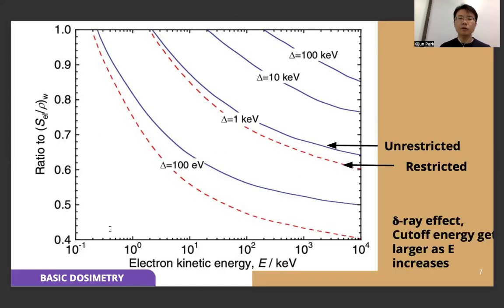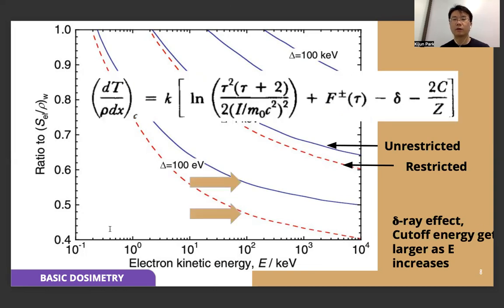Here is a great example of the delta effect, in other words the density or polarization effect, which shows the relative ratio of the stopping power to water, in this case, as a function of the electron kinetic energy. The stopping power includes a delta term, and this delta shown here is a negative component inside the stopping power.